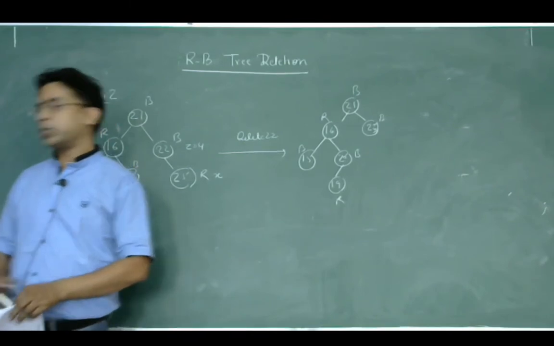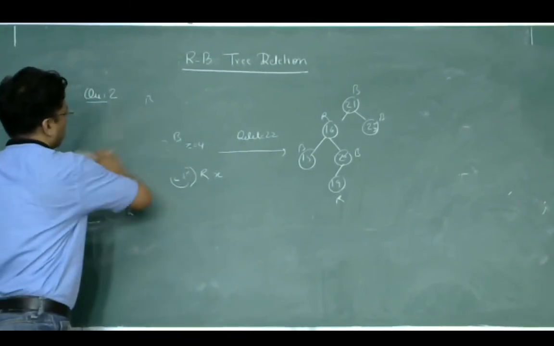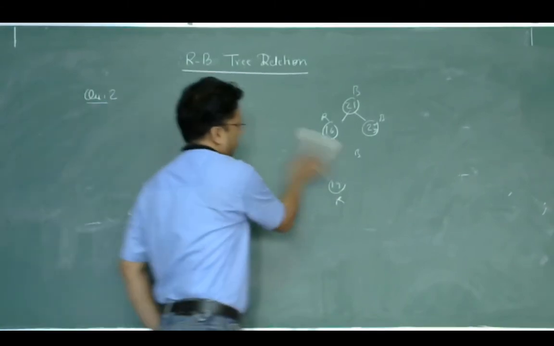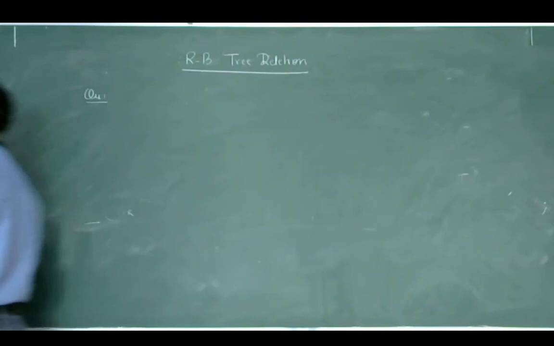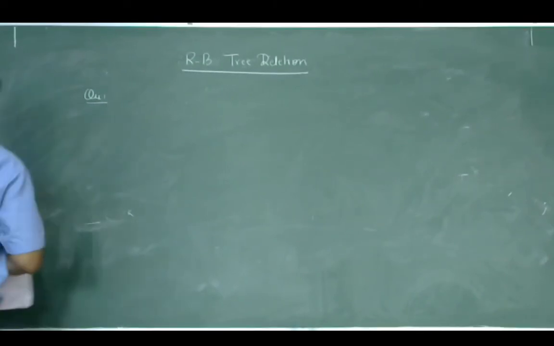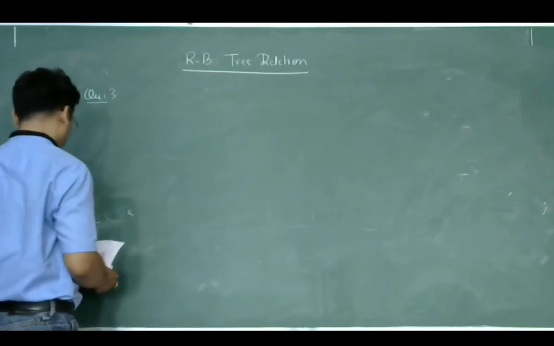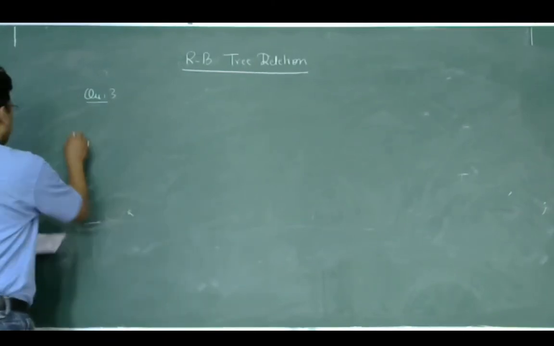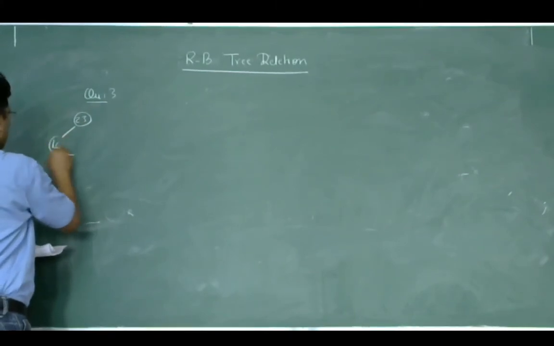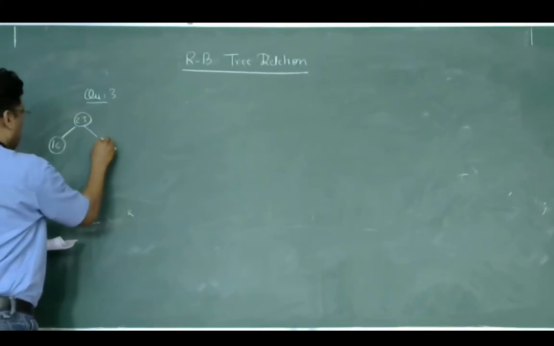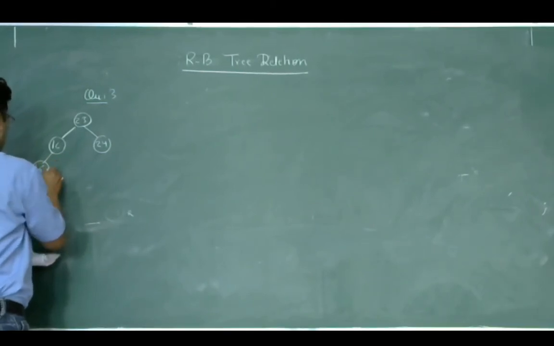So the third question. Twenty-three, 16, 24, 15.